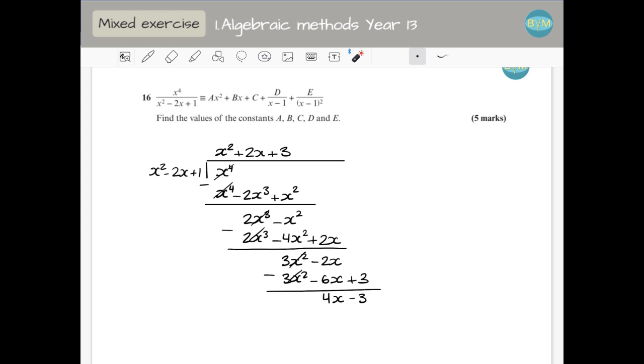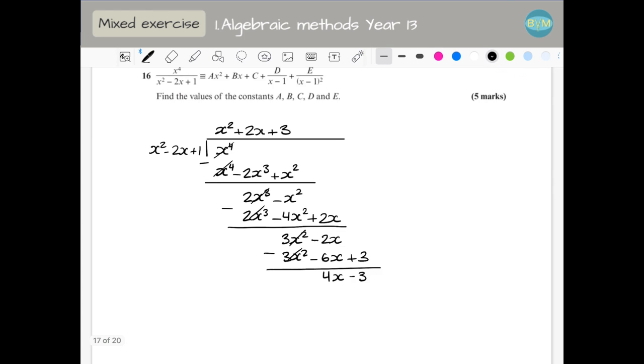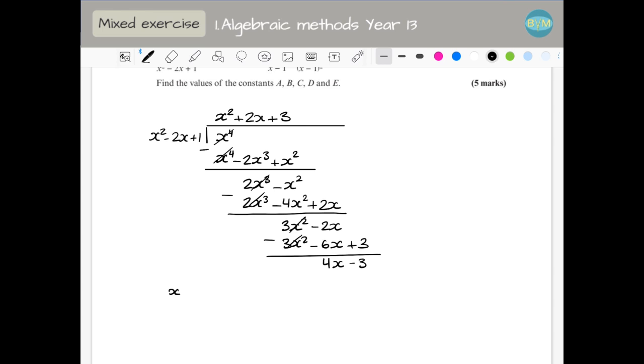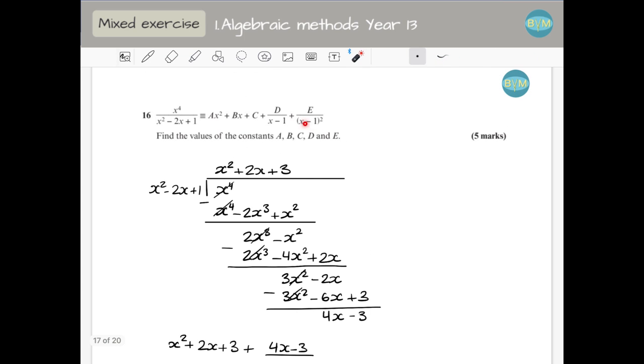It means that I have x squared plus 2x plus 3, which is my answer, plus the remainder, which is this one, divided by this. So we have x squared plus 2x plus 3 plus the remainder 4x minus 3 divided by x squared minus 2x plus 1.